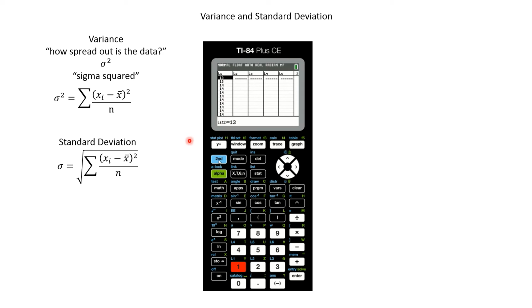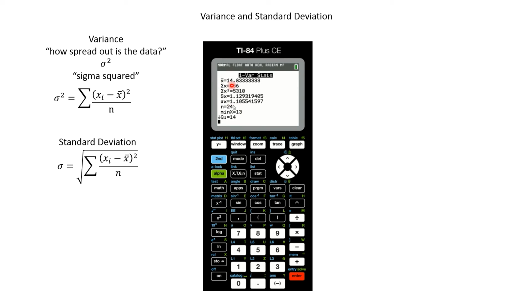And oh, look, my data's already there. It's almost like I'm saving time. So quit out of that, then Stat, over to Calc, same place as we go for all of our regressions. We're going to choose the top one, 1-Var Stats. We do that, List 1, frequency list we don't need, then Calculate.